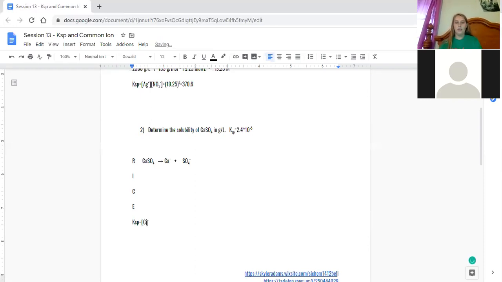Just like every time, it's the concentration of Ca, I'm just not going to type the plus, times the concentration of SO4.